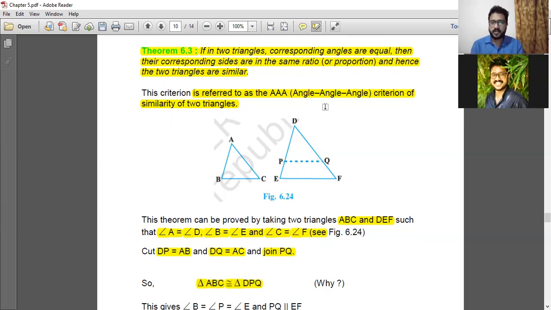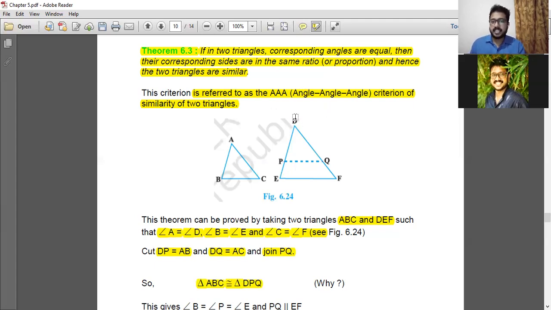Obviously, it is correct because we are taking the measurements the same as those of triangle ABC, and as a result we can say BC is also equal to PQ. So these two triangles are congruent, meaning the sides as well as the angles, are they proportional or are they equal? They are equal.